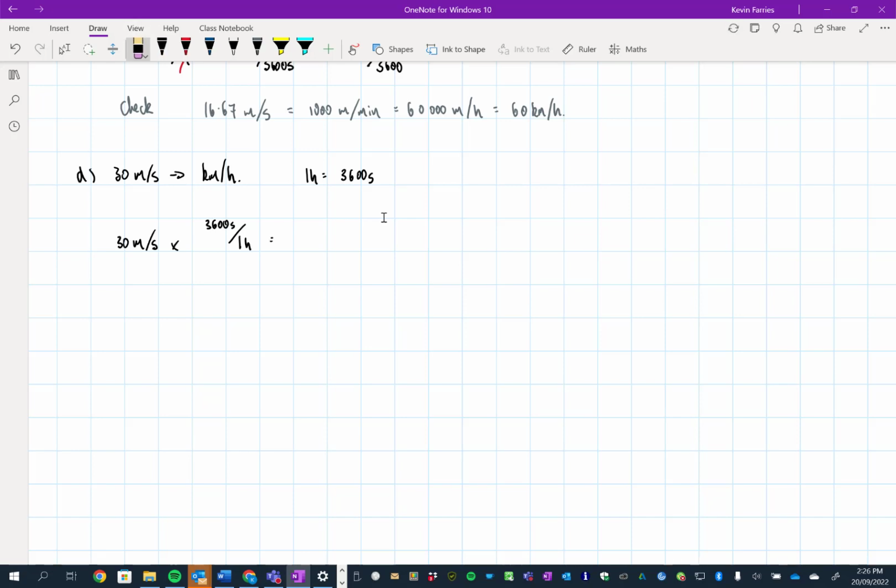We've got seconds on the top here and on the bottom here, so those will cancel out, and so therefore we are going to get 30 times 3,600, so just bring the numbers out first.